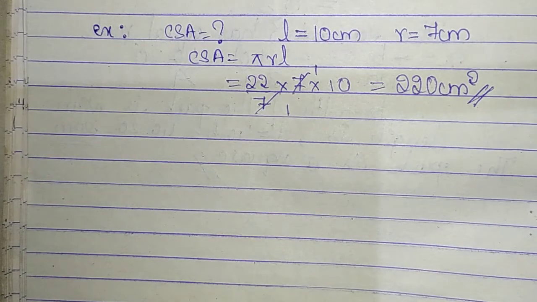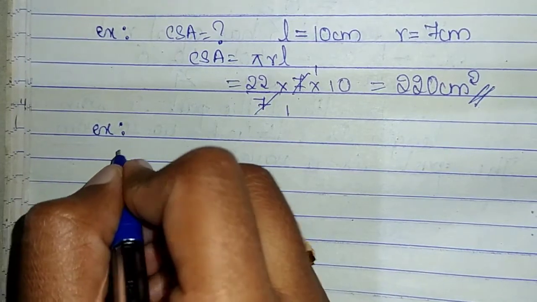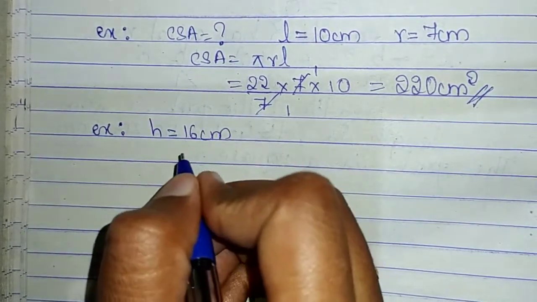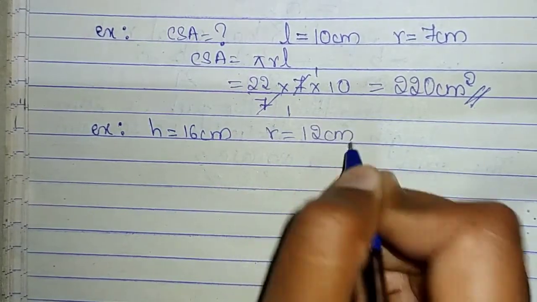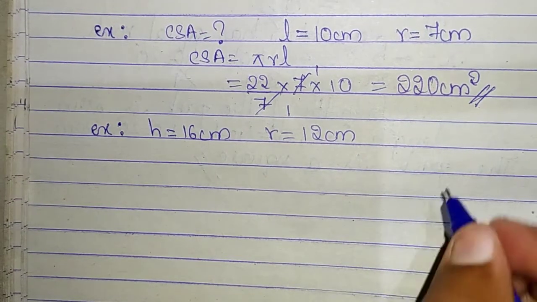And next we have another example, that is example 5, which says the height of the cone is 16 centimeters. So h is equal to 16 centimeter and its base radius r is equal to 12 centimeter. Find the curved surface area and hence the total surface area of the cone.